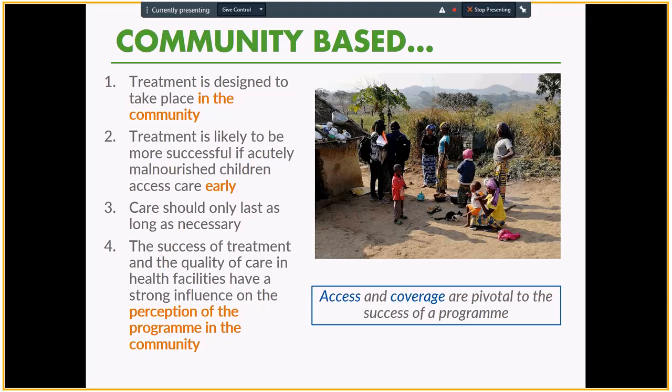And also, really importantly, the success of treatment and the quality of care in the health facility have a really strong influence on the perception of the programme in the community.